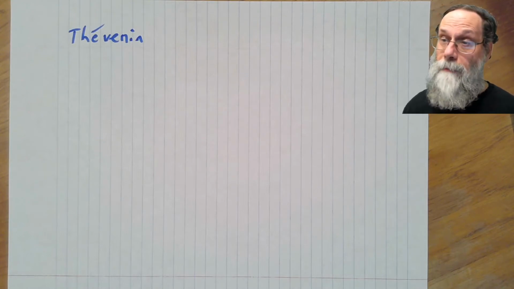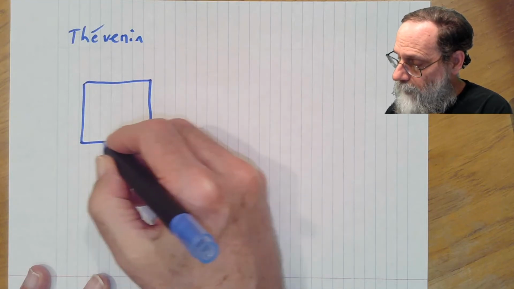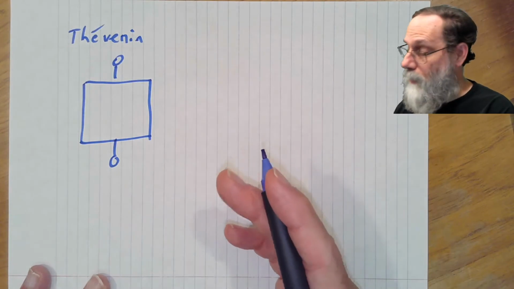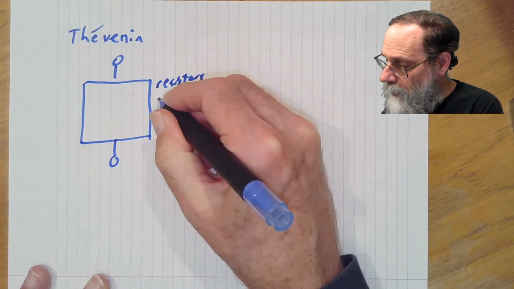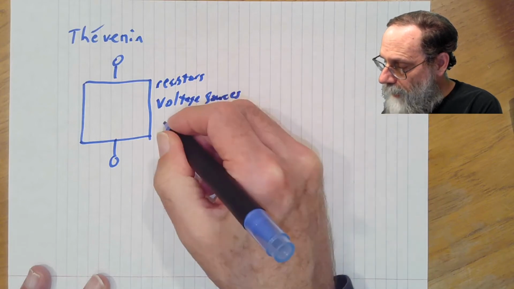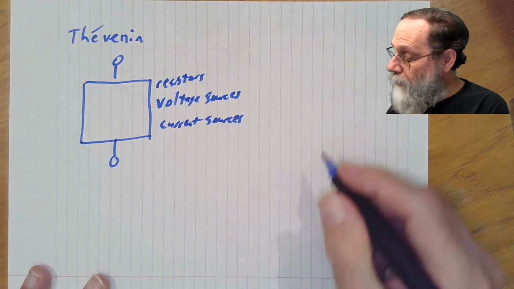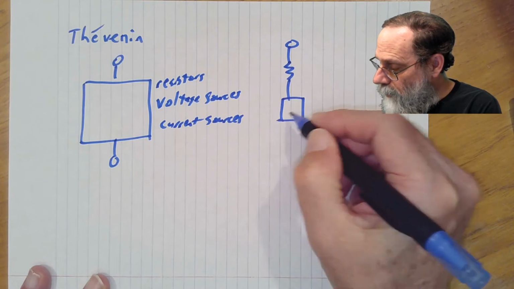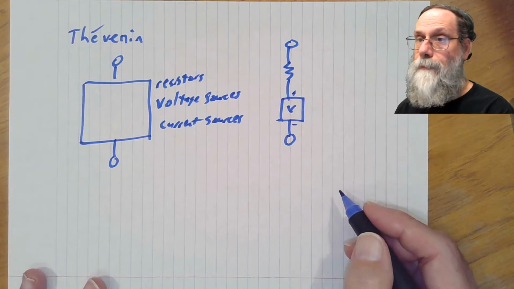Okay, what Thevenin's theorem says is that if you take any circuit that has only two ports, that is only two connections to the outside world, and consists of just resistors, voltage sources, and current sources, then you can represent it as a resistor in series with a voltage source.